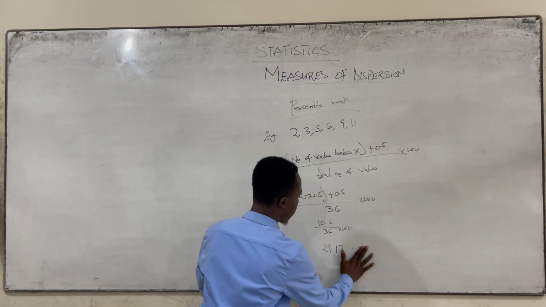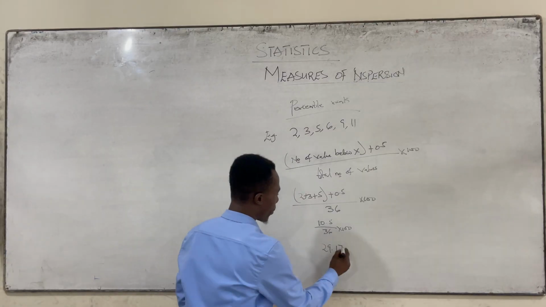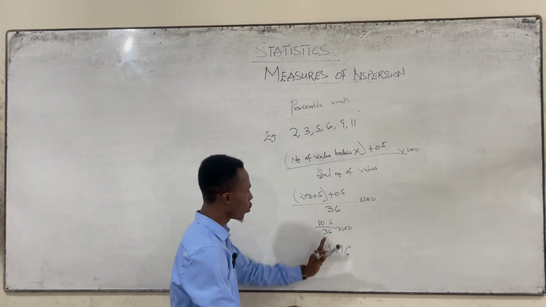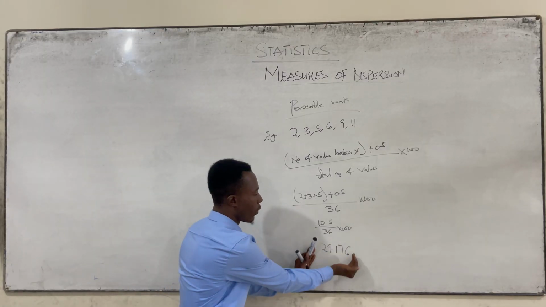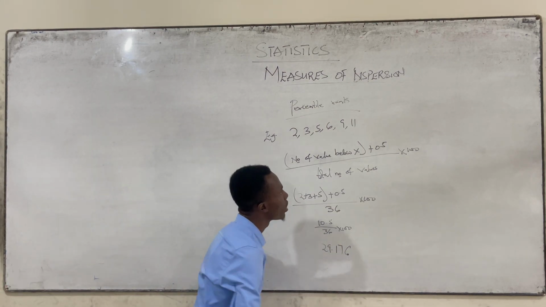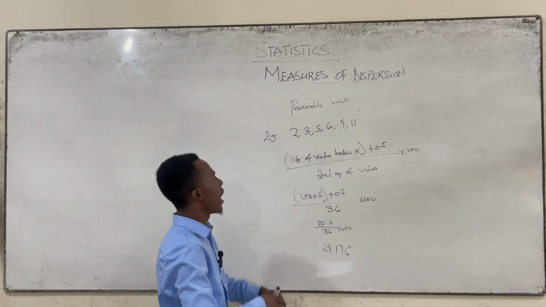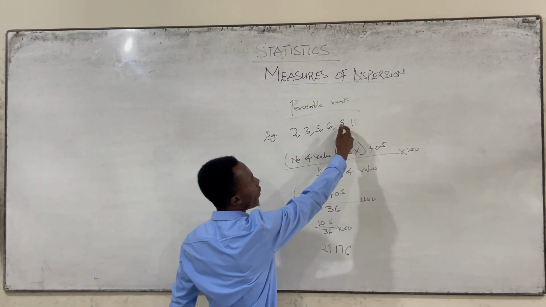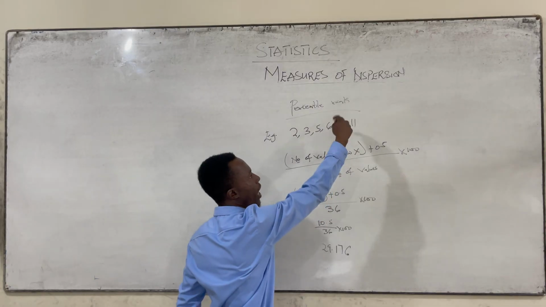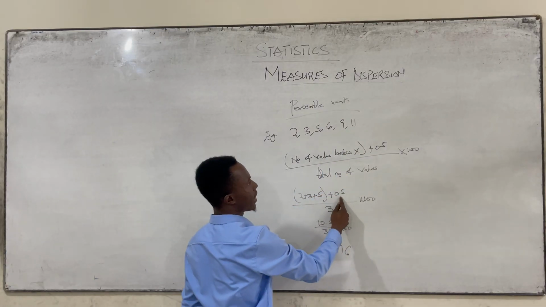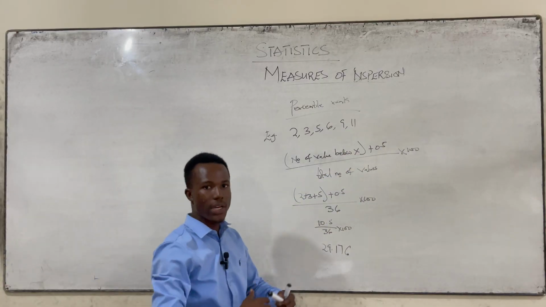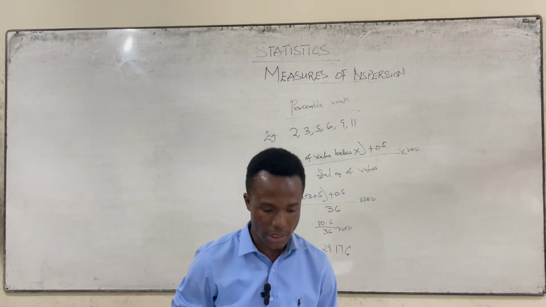Actually, because we multiplied it by 100 already, the result itself is a percentage. I forgot to say that. So this is how to calculate for percentile rank. Assuming you are to calculate the percentile rank of 9, the same thing: you add everything before 9, then you add 0.5 to it, then you divide it by the total number and multiply it by 100. So that is all about the percentile rank.